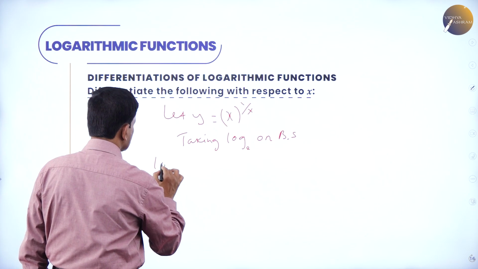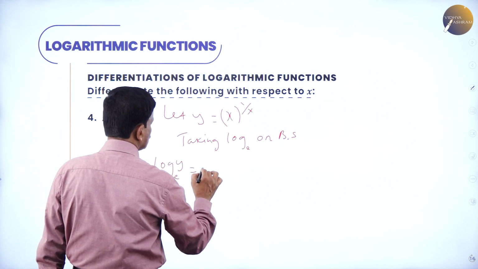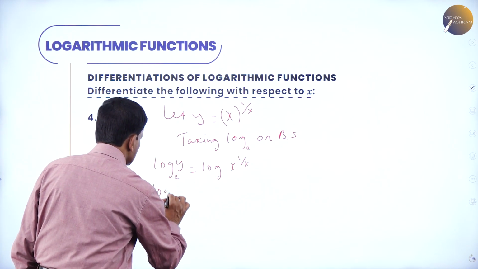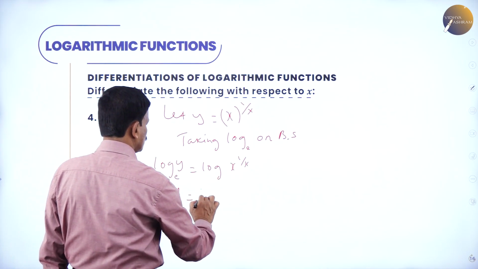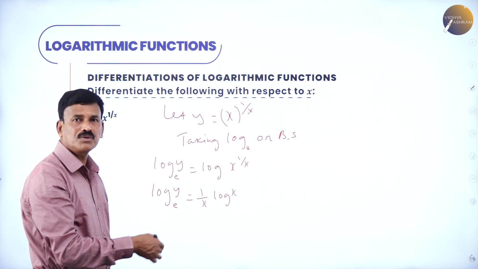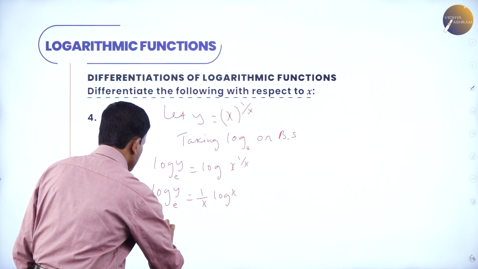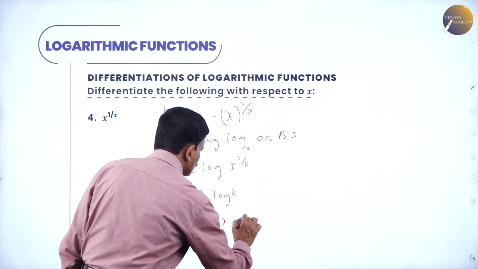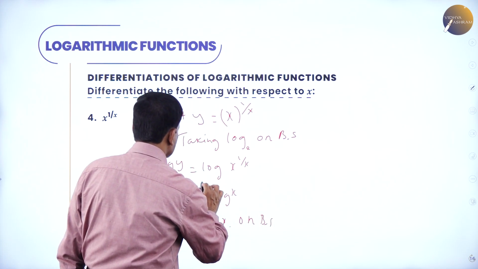Then log y to base c is equal to the logarithm of x to the power of 1 over x. This is log y to base c is equal to 1 over x into log x, since log m to the power of n is n log m. Now differentiate this with respect to x on both sides. This is again the product rule.